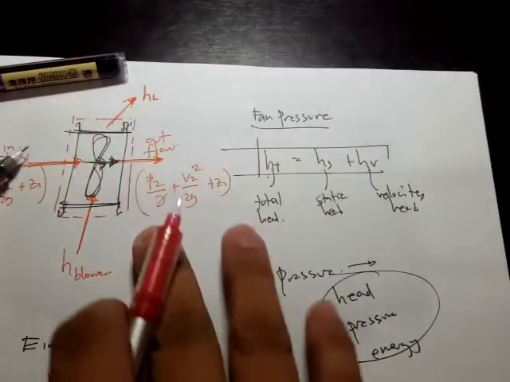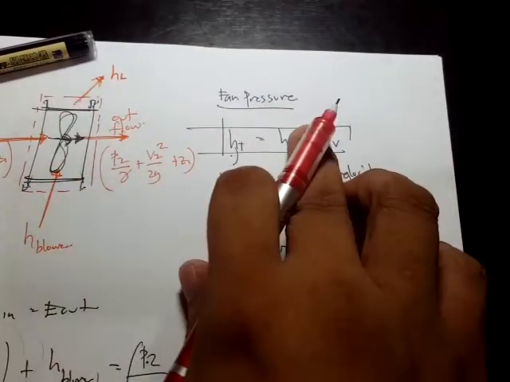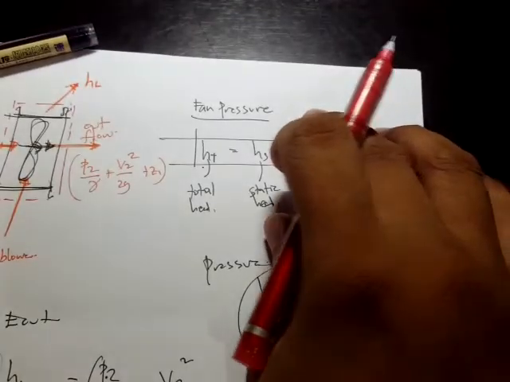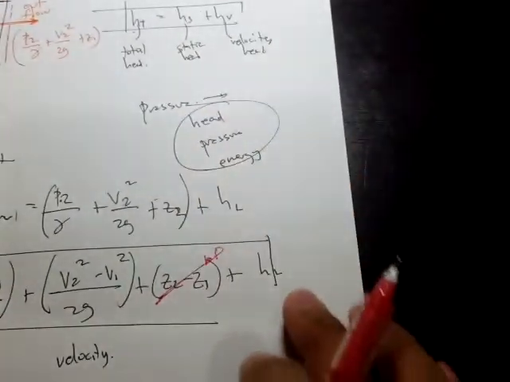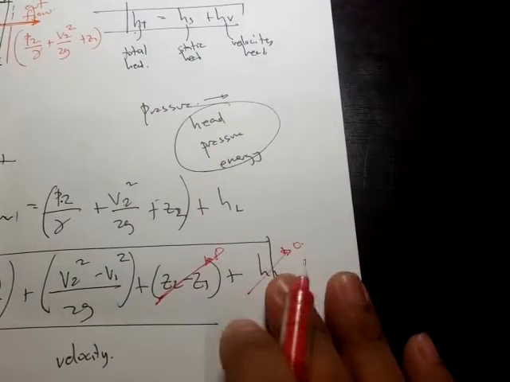And if we don't have any losses, let's say we only consider this, unless we consider ducting systems. If we have ventilation ducts, for example, then we have to consider this. But for now, let's say this is 0.